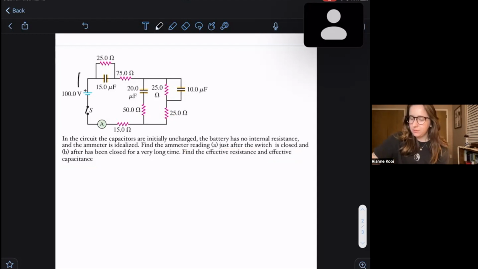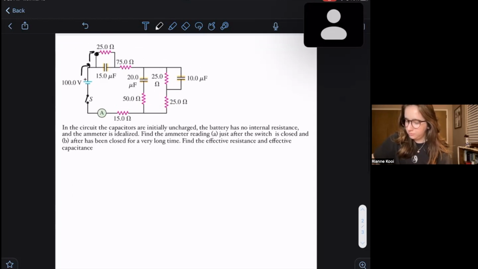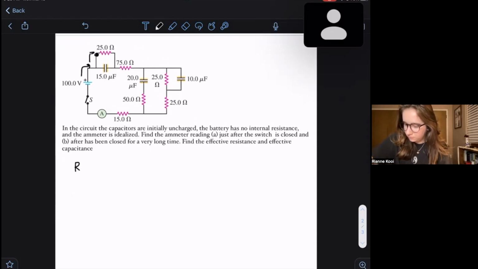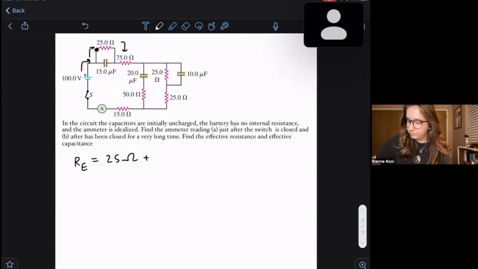The first thing we're going to do is go up this one, and the first resistor that we encounter is a 25 ohm resistor. As we keep going, we see that it is in series with a 75 ohm resistor.